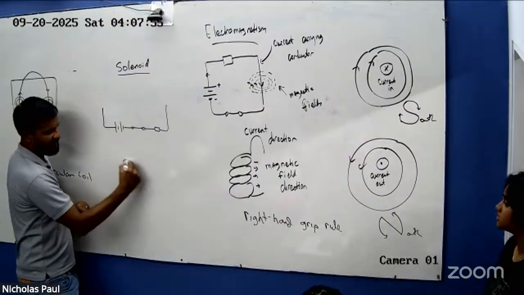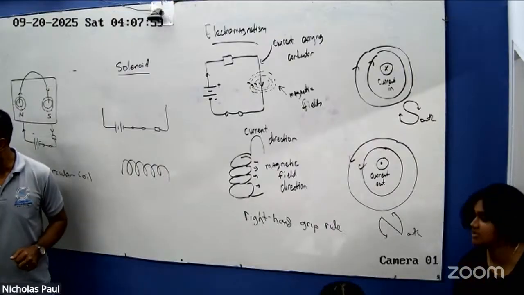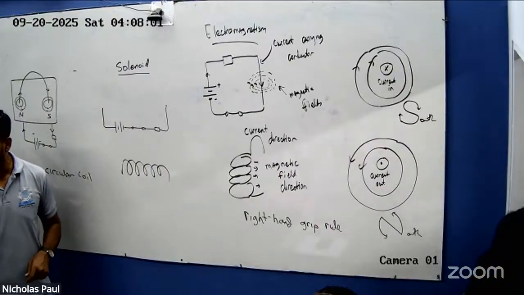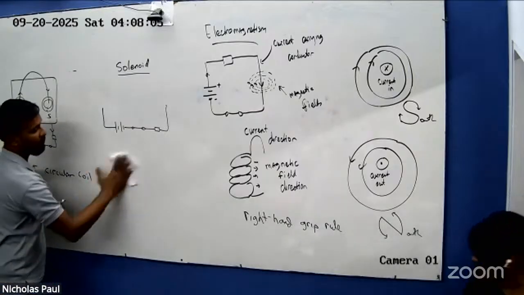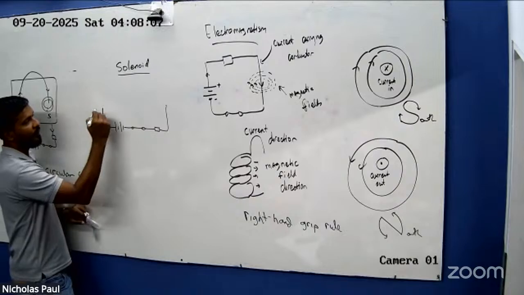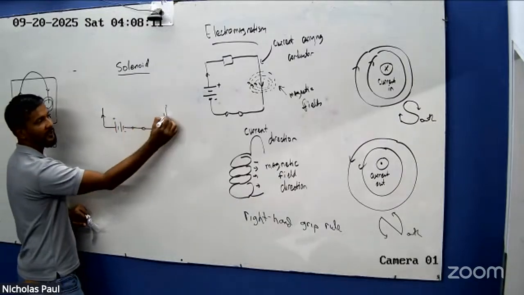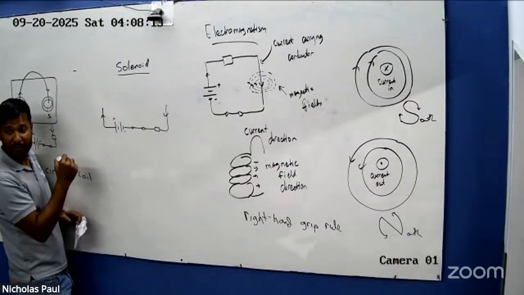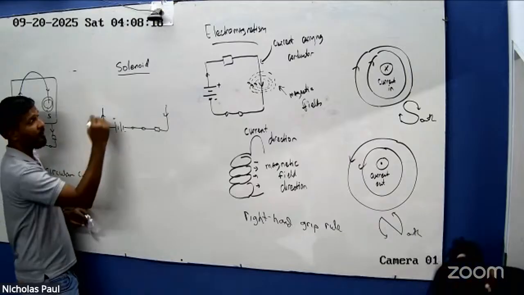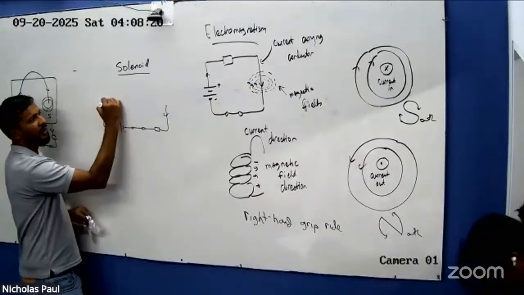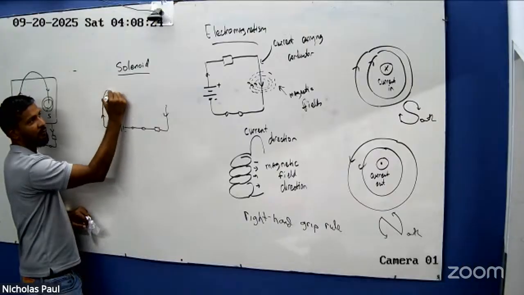So it's a series of coils. But it's important we understand how the current flows on the coils. Otherwise, we'll get confused with the diagram. So watch this here. So we know here's plus and here's minus. Current going like this. That's okay, Soraya? So current going like this. So watch this here. In the coil, the current goes in at the top and comes out at the bottom.